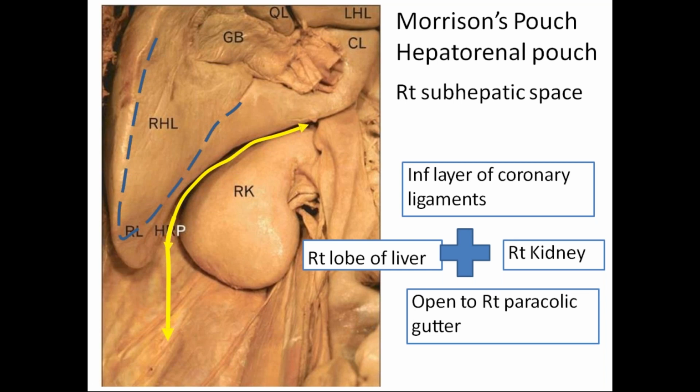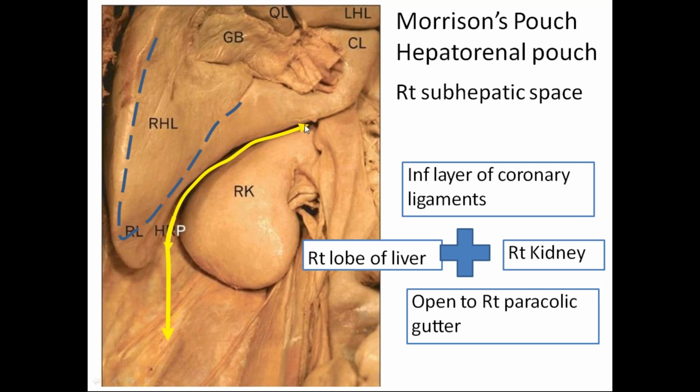What are the boundaries of the hepatorenal pouch? Anteriorly it is bounded by the right lobe of the liver, or you can say the posterior inferior surface of the right lobe of liver, and posteriorly will be the right kidney.